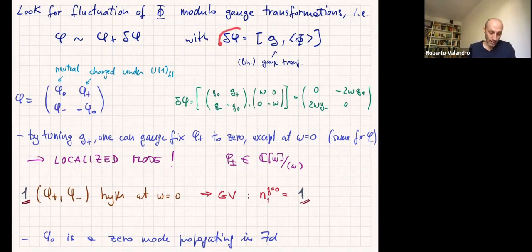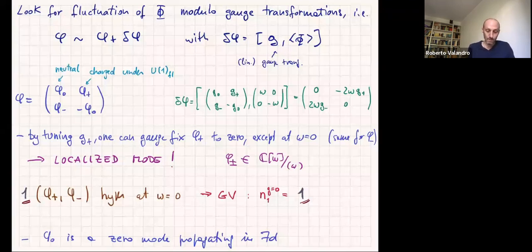How does this linearized gauge transformation look like? You do this commutator, and you get this. So you see that if you consider, for example, the phi plus element, if W is equal to 0, you can cancel it. You can gauge fix it to 0. But you can do this only at W equal to 0.